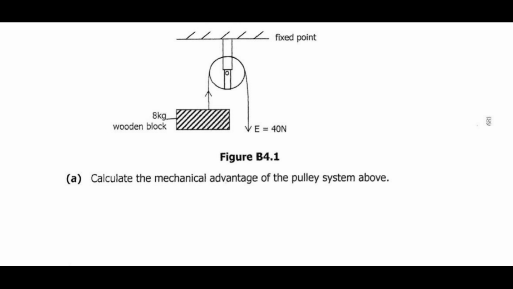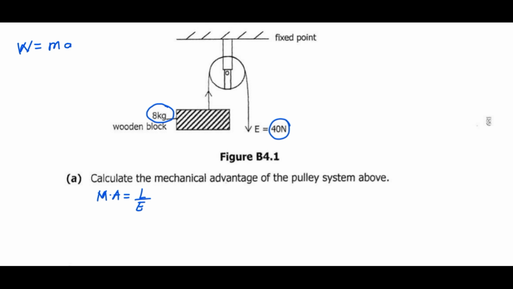So what's our formula? We know that mechanical advantage is equal to load over effort. So the effort is here. What's our load? Our load is 8 kg. If you are given a load in form of mass, you are supposed to convert mass into weight. We need to apply the formula for weight.